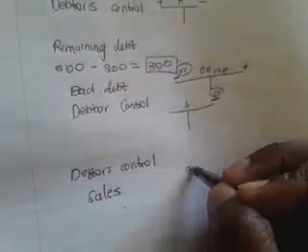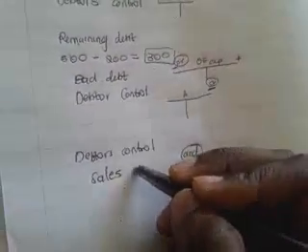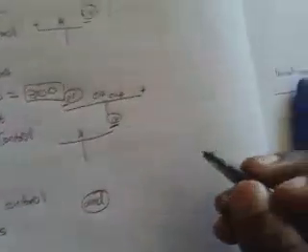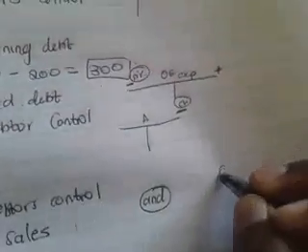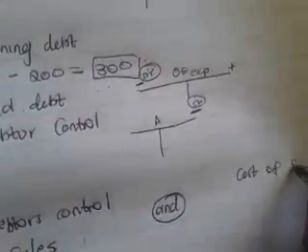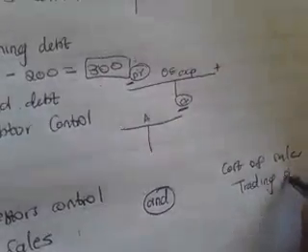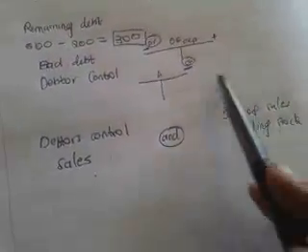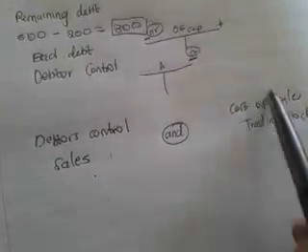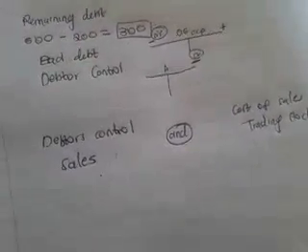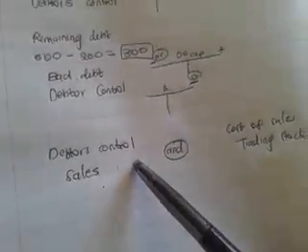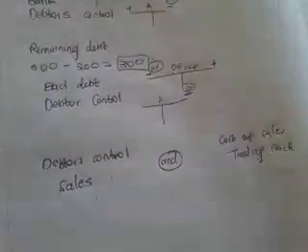These 2 accounts affect each other, as well as our cost of sales and trading stock. So when there's a credit sale, there are 4 accounts affected: debtors control with sales, and cost of sales with trading stock.